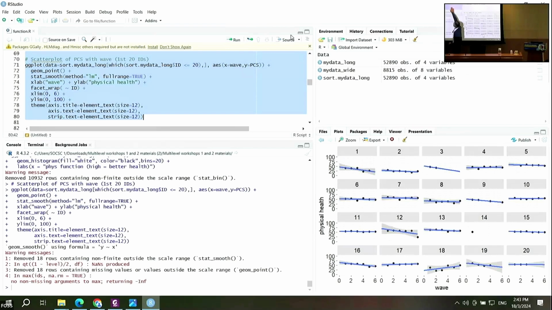Our x variable is wave, which is the time variable. Our y variable is PCS, which is the health variable. And it's telling R to first generate the scatter plot, which gives us the dots, as well as the smooth regression line, which is this fitted regression line around those scatter plots. And the rest are ways to make the graph look slightly prettier.